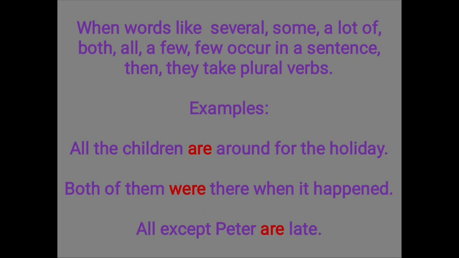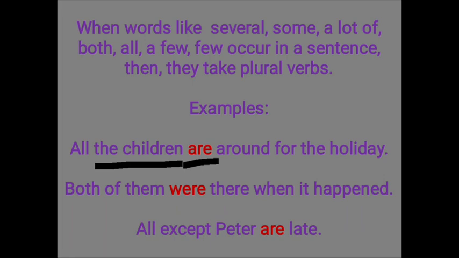From the examples we have, all the children are around for the holiday. You can see all is plural. The children is the subject of the sentence, and it is in the plural form. We also have our are, plural form. Both is more than one.